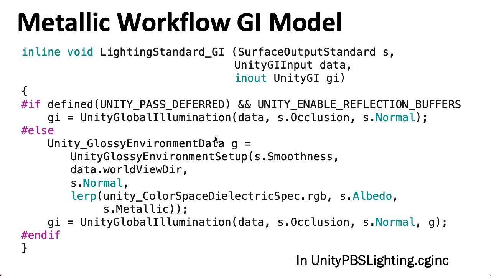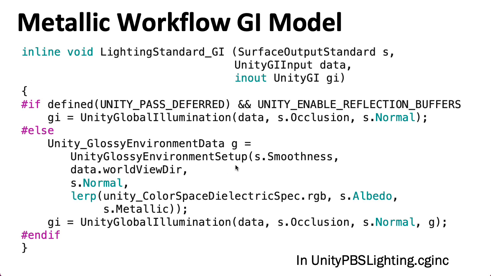So this is a lot of complicated stuff, and I'm not going to get into details of it here. Basically, you need to fill out the various bits of indirect lighting information, and here that's going to come from functions like Unity Global Illumination and Unity Glossy Environment Setup, etc.